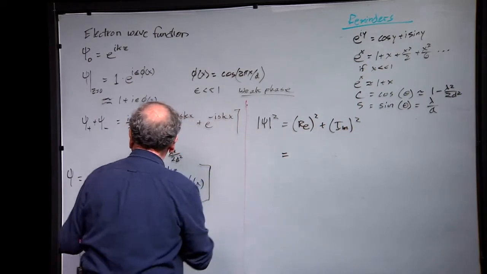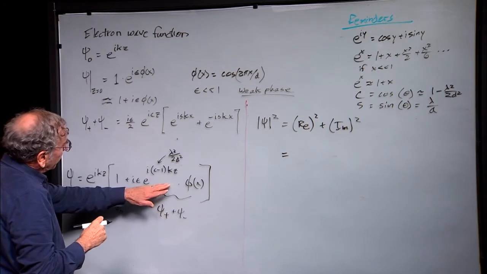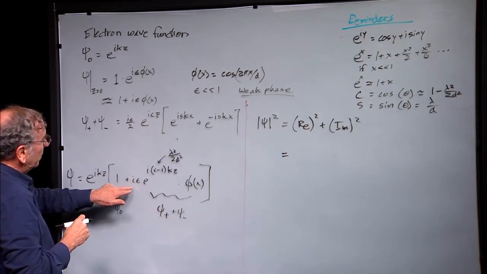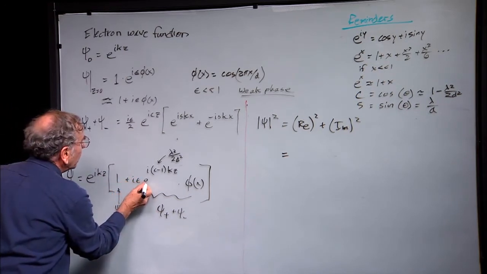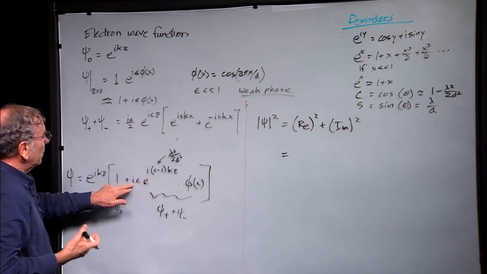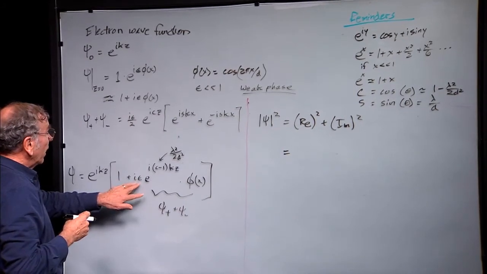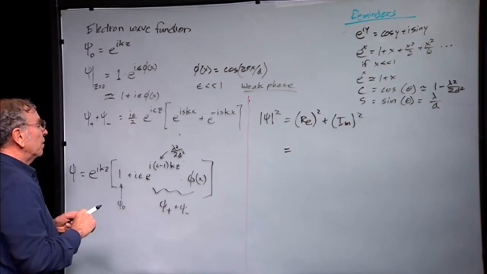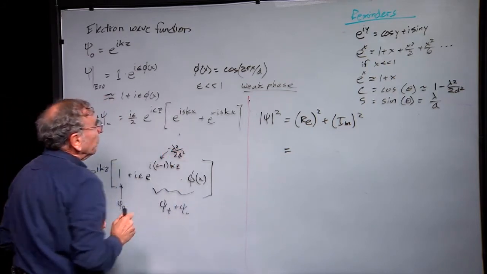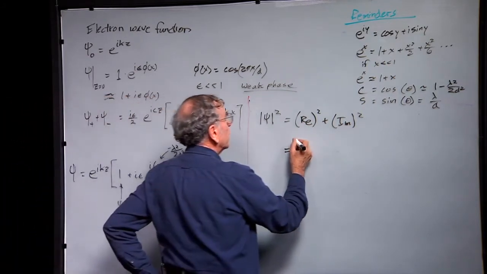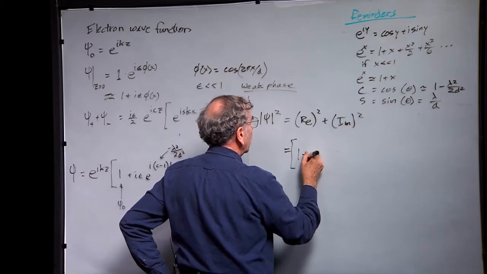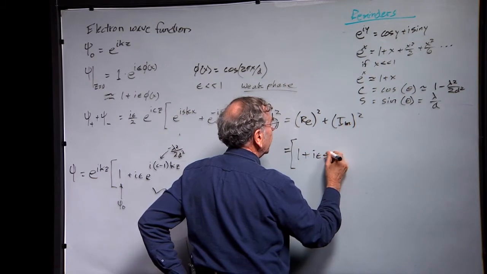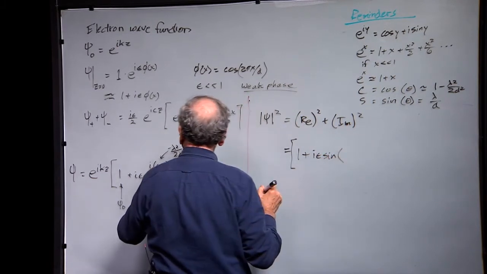So the real part is going to be 1 plus the sine part of this complex exponential multiplied, which is going to be imaginary and is multiplied by this imaginary number. And those numbers are going to give us minus 1 for a real part. So the real part of this is going to be 1 plus i epsilon times sine of this whole thing.